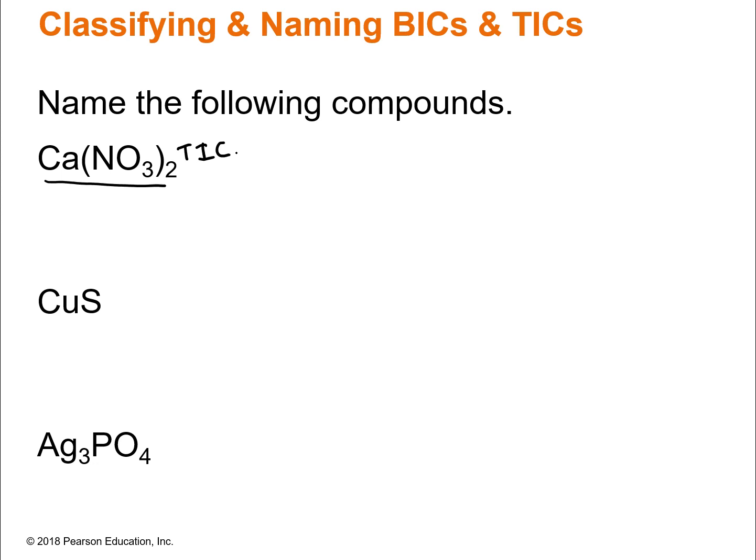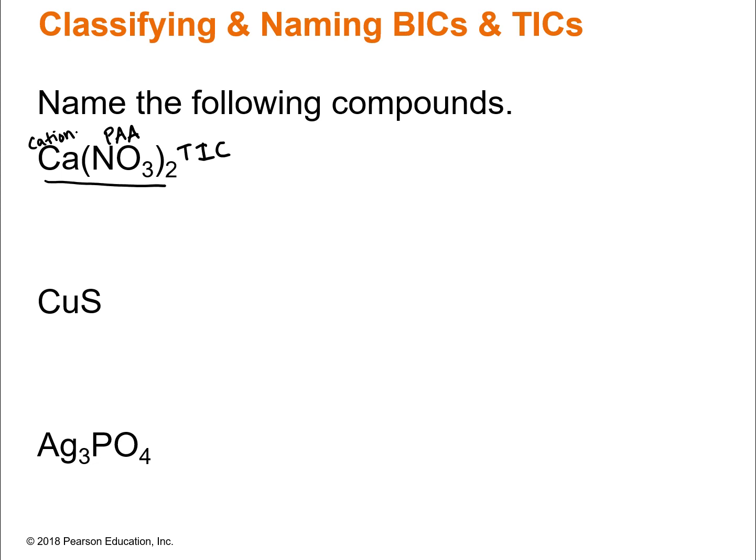Now I'm going to look at these and kind of figure out what they are. I see 2 nonmetals together. So that's going to be a polyatomic anion. And then I've got calcium as a cation.